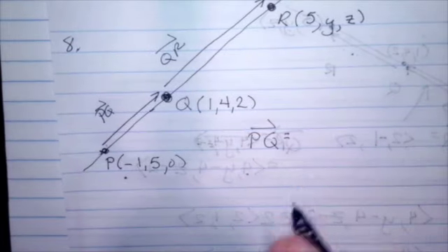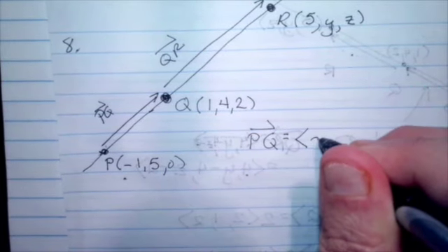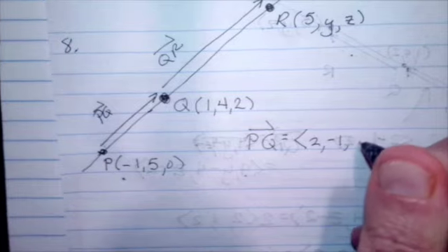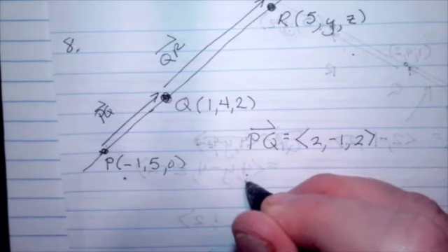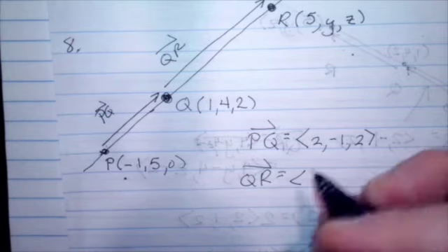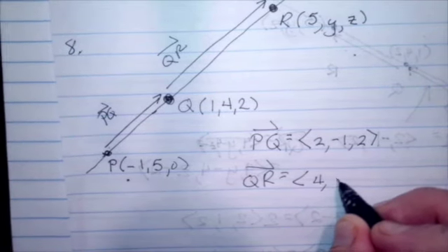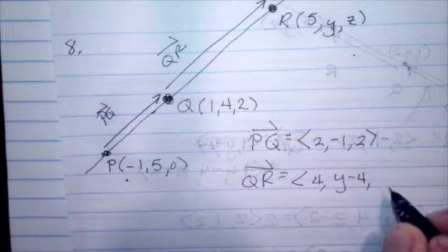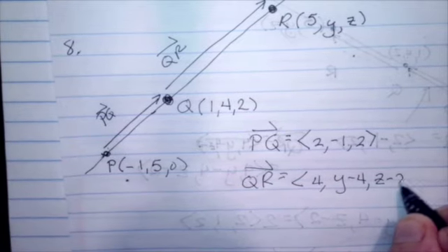Alright, so the vector PQ would have components 2, -1, 2, and the vector QR would have components 4, y minus 4, and z minus 2.